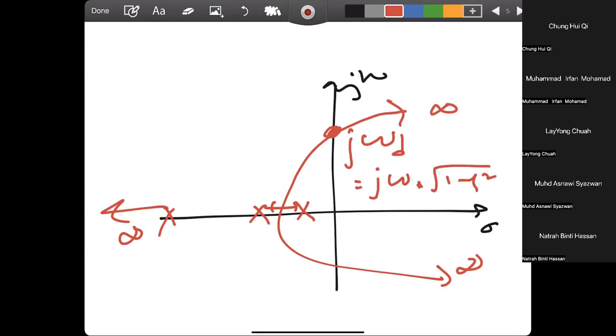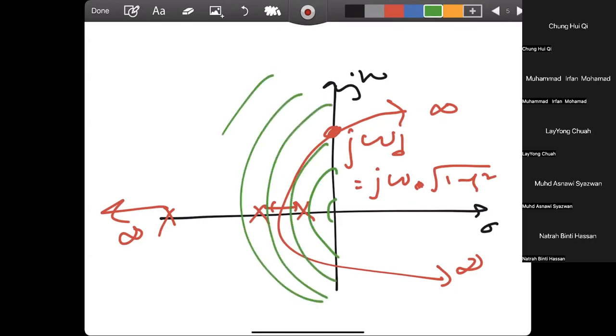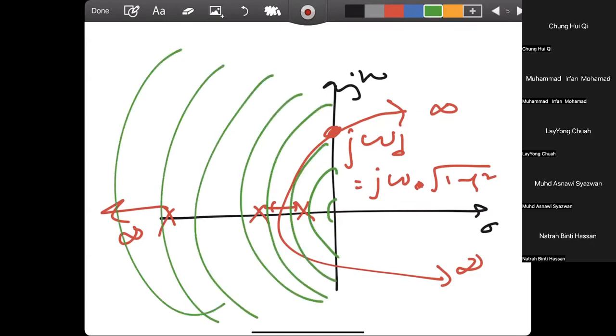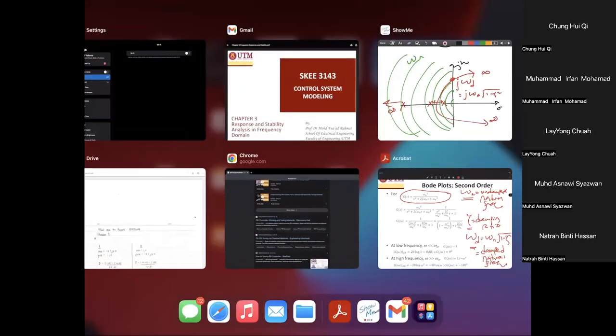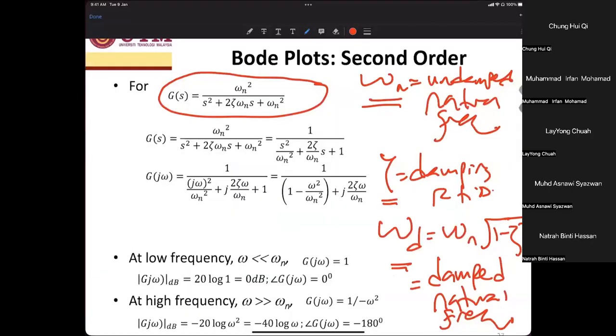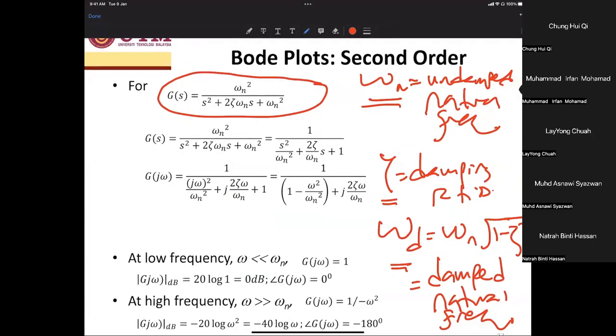So what about the undamped? The undamped one is the radius of the circle, which is omega n. Michin, what is the difference between omega n and omega d?